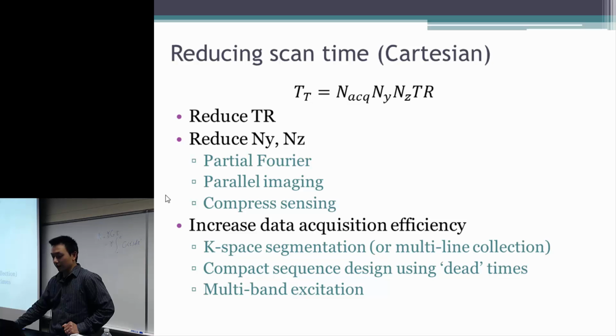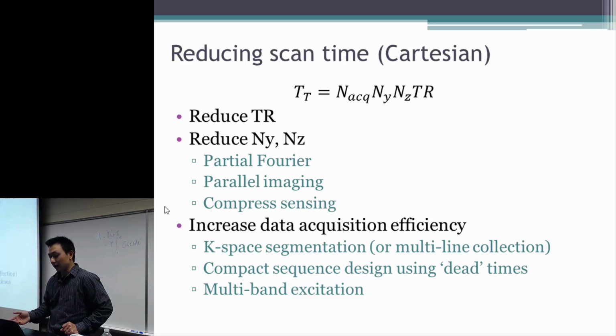And the second one is, for some sequence designs, we can perform a compact sequence design using the dead times between, for example, the excitation and the signal readout. We'll talk more about this in the next section, which is the sequence design.